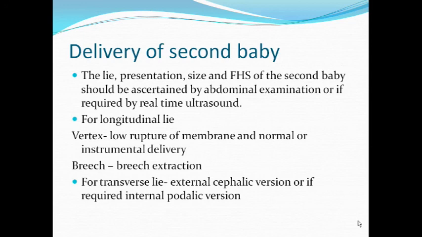If the baby is in transverse lie, you have to perform a maneuver, that is external cephalic version. It is done through the abdomen. You try to rotate the head of the fetus towards the lower uterine segment. If it fails, then you may need to perform internal podalic version.